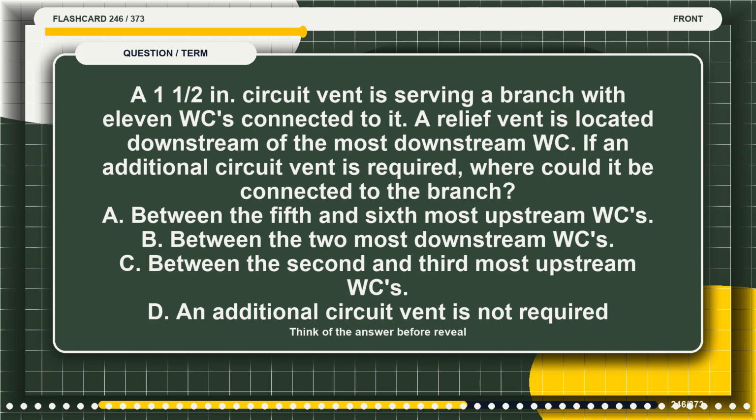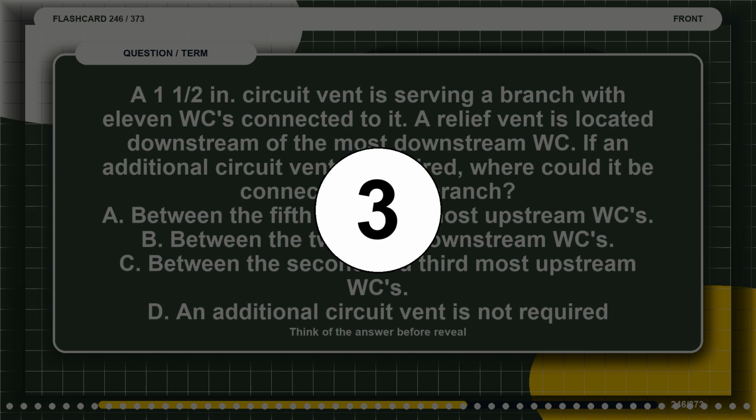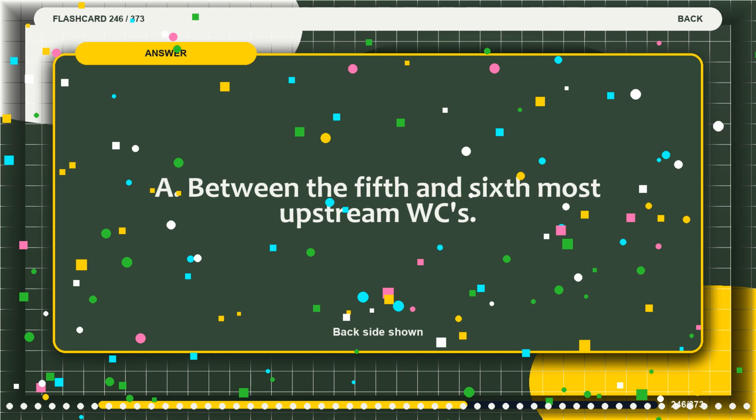B. Between the 2 most downstream WCs. C. Between the 2nd and 3rd most upstream WCs. D. An additional circuit vent is not required. Think of the answer before the reveal. The answer is A. Between the 5th and 6th most upstream WCs.